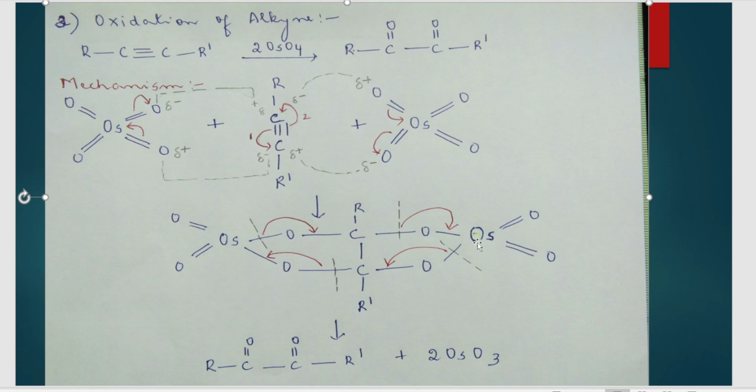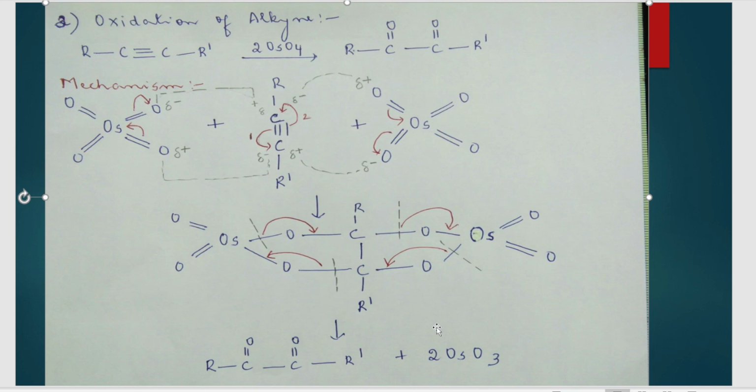So it is OsO3 with double bonds to O. Once again, a bond breaks here and shifts here, so there's a double bond formation between C and O, and this bond has shifted away. So it is again Os with double bonds to O. All these lines 1, 2, 3 and 4 indicate the sites of bond breakage.